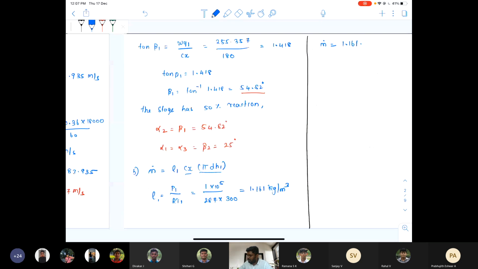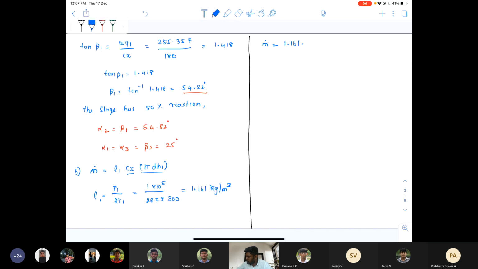By substituting this, you will be getting the value of rho into 180 into pi into 0.36 into 0.06. This is the diameter D1 and this is H1.